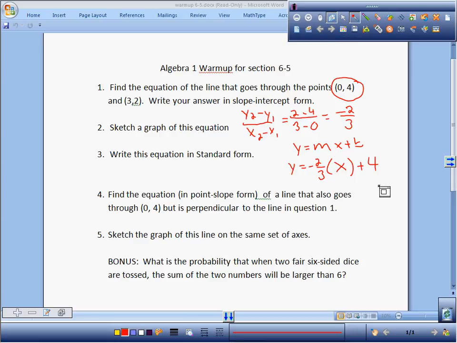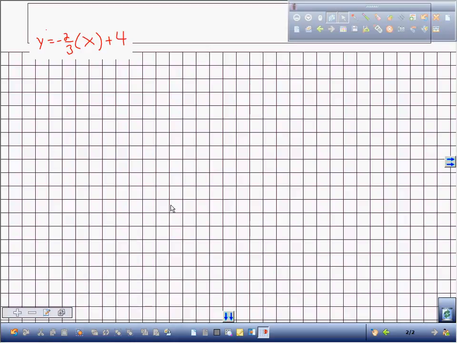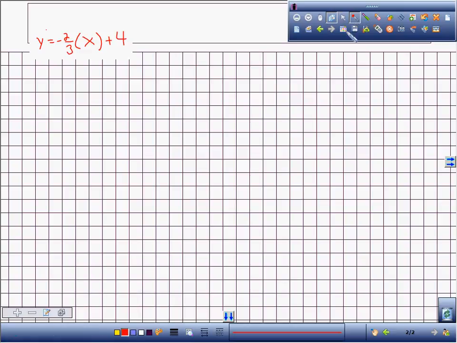So the next question says, write this equation in standard form. So what I'm going to do first is multiply everything by something to get rid of that 3. What should I multiply by to get rid of 3? 3. So I'm going to multiply everything by 3.